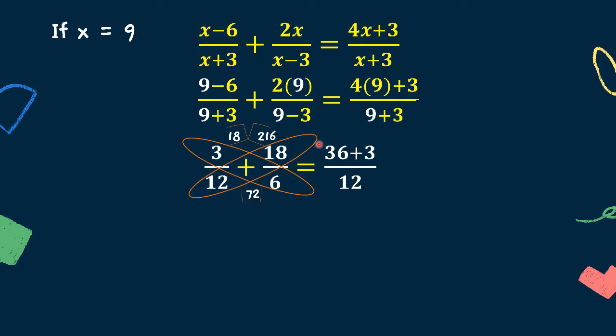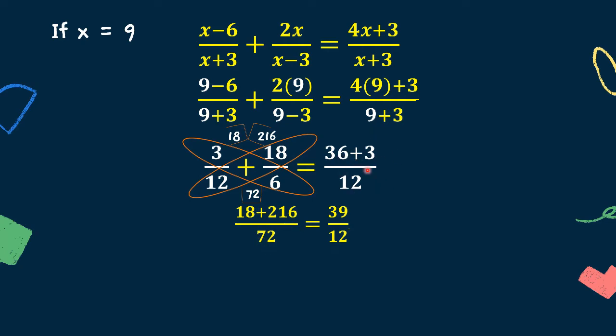So, paano natin i-present yan? The two numerators, simply put them also on the numerator place. So 18 plus 216. Also the denominator will be 72.